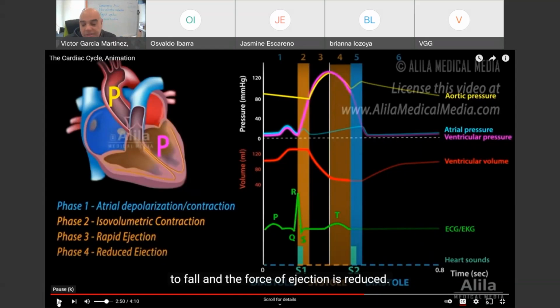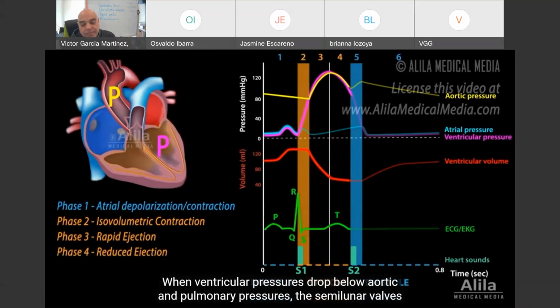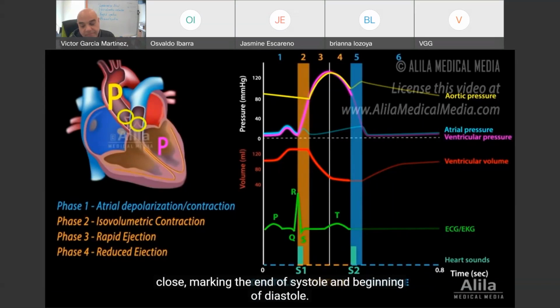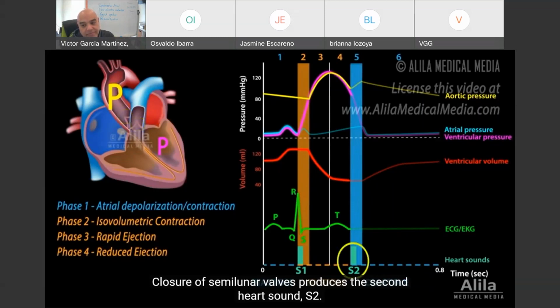Pay attention. When ventricular pressures drop below aortic and pulmonary pressures, the semilunar valves close, marking the end of systole and the beginning of diastole. Closure of the semilunar valves produces the second heart sound, S2.